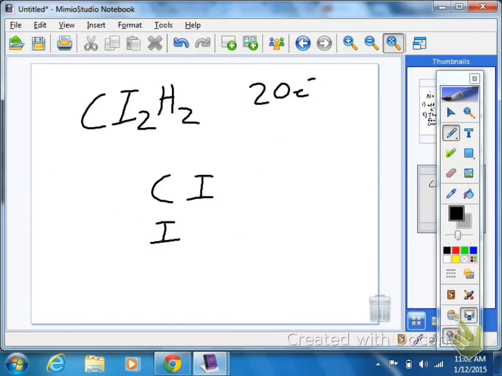It does not have to be in any particular form as long as you have those four around the central atom. And it doesn't matter where they're going to go.